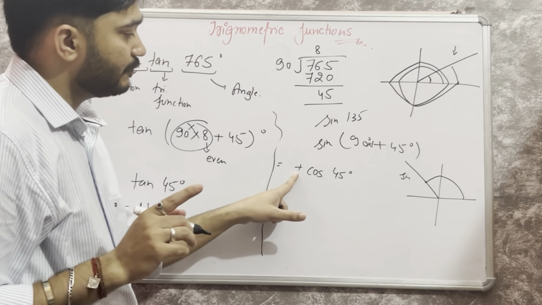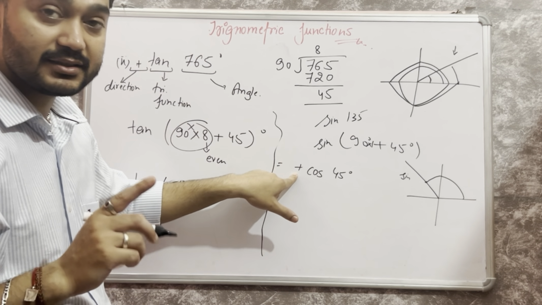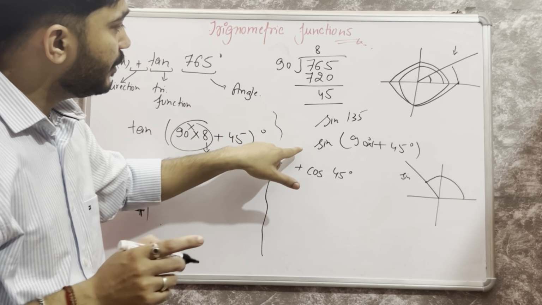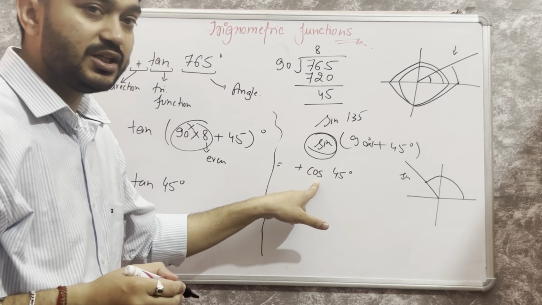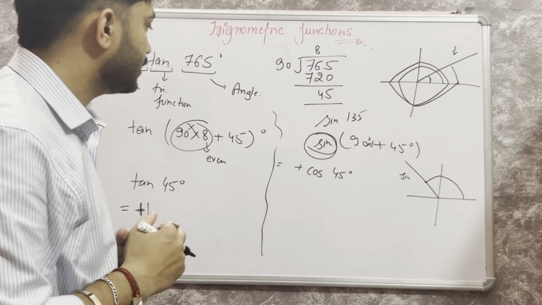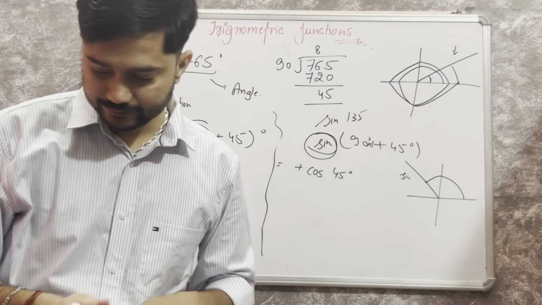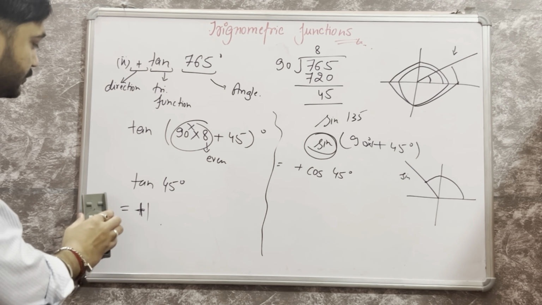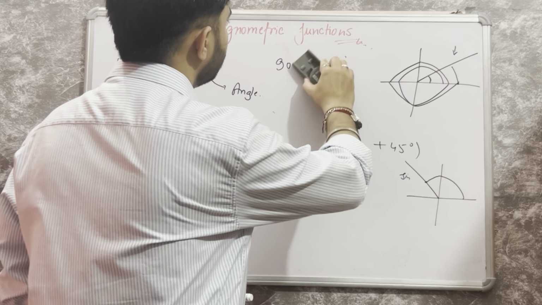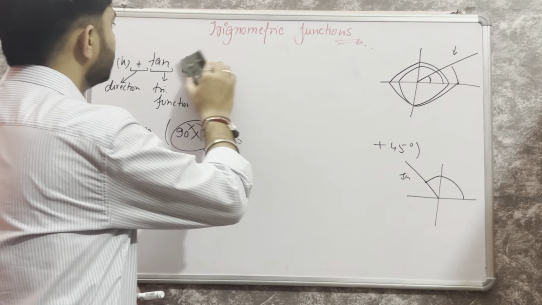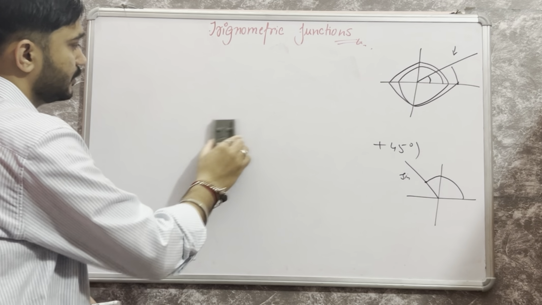You always have to add the sign, positive or negative, based on the quadrant, not on the name change. So remember that. Any doubts? We are going to solve two or three more examples based on it.